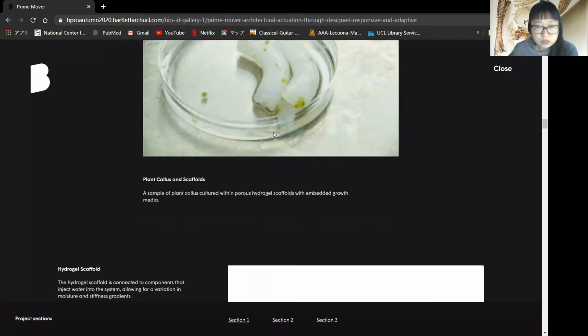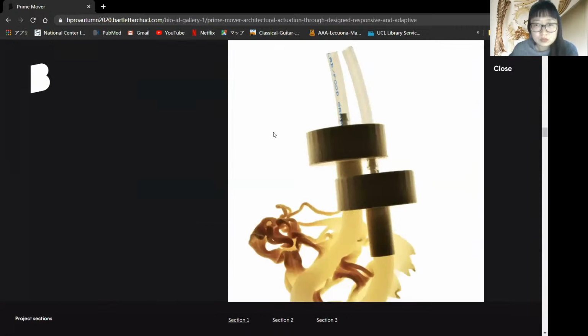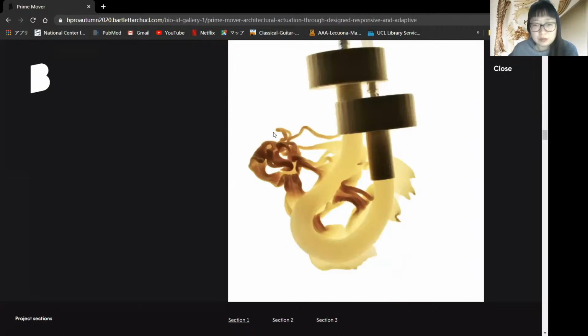And so for the maintenance purpose, to regulate the hormones that will be applied on the tissue which is growing on top of the material, we had to think about how to create a maintenance system inside the material.